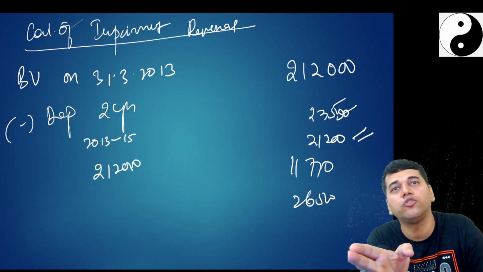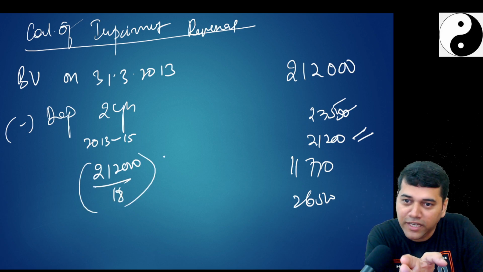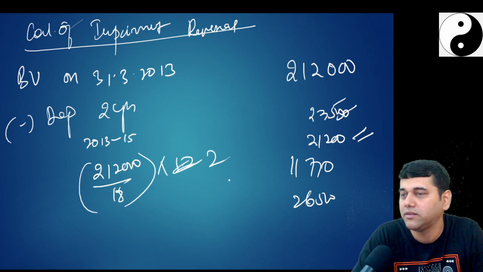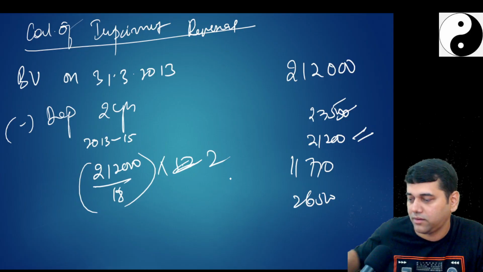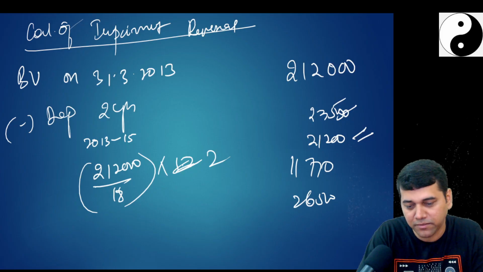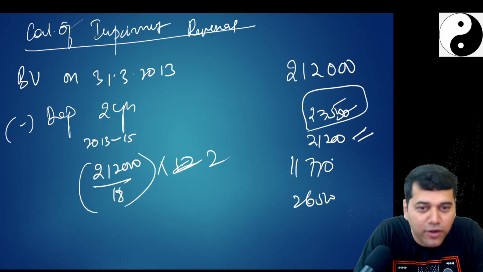This book value is going to last for how many more years? 18 years. Into 2. How much am I going to get? Wait. 2,12,000 divided by 18, into 2. 23,555. Yes, very good.